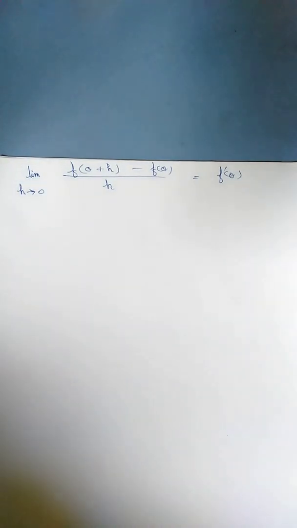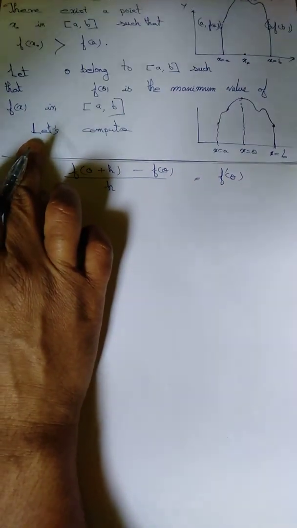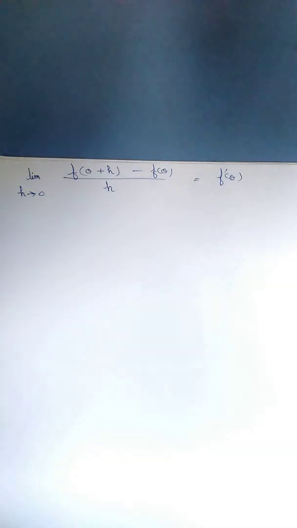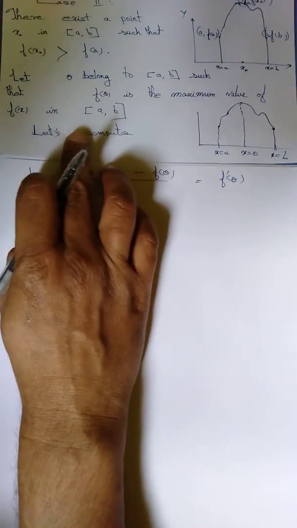Can we compute such a quantity? Luckily we can. Let's compute this. So we want to compute the limit as h tends to 0 of f theta plus h minus f theta by h, and that is nothing but f dash theta.